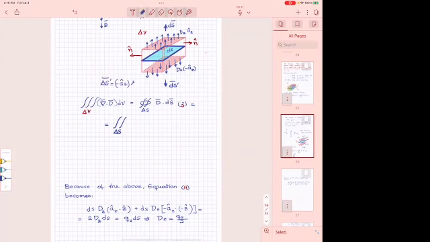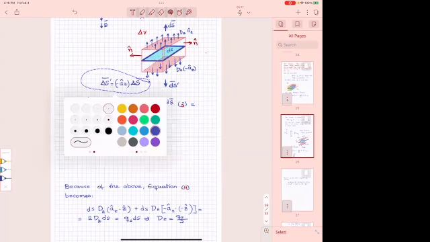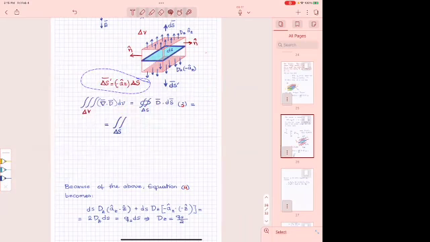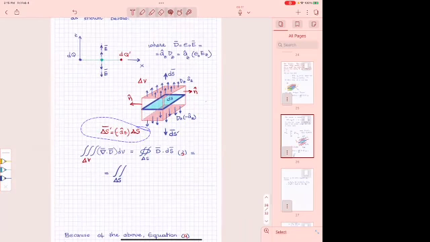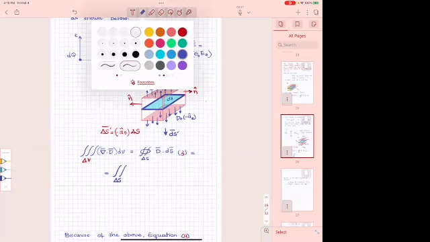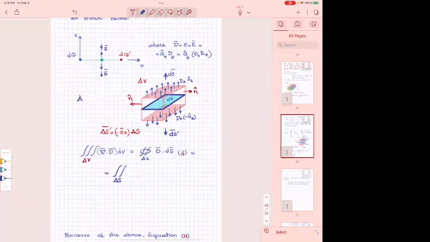And up here, delta s, which is up, is going to be az delta s.